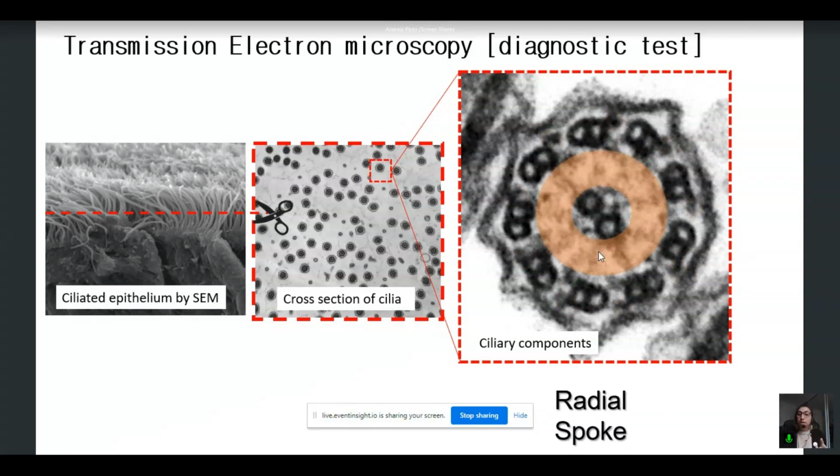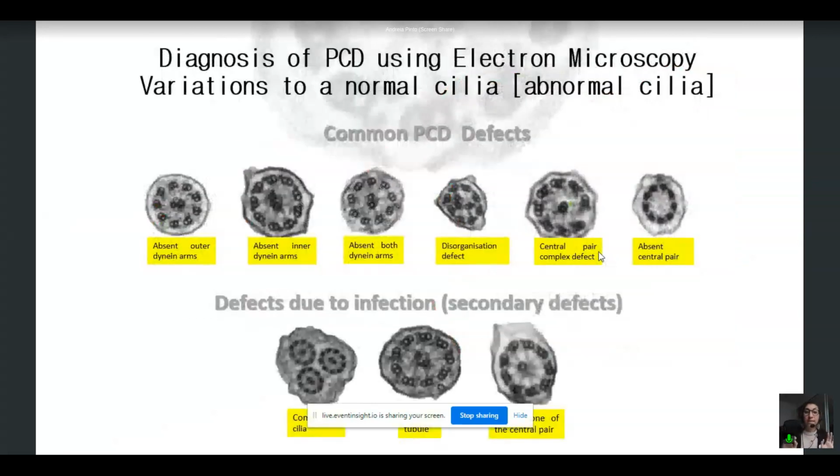Also the radial spokes, which are kind of a net in the middle of the cilia to keep it all steady and straight, and the nexin links, which are very difficult to see, but when they are disrupted, the cilia get all disarranged.